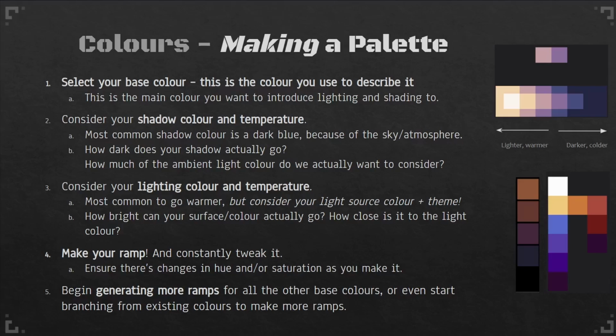Typically, people just use sunlight as the lighting color, but you can obviously have unique light sources, like maybe sterile white or a green light source or some other light color. Try to tend your palette towards that from the base color. And obviously you just have a ramp. So now you have a ramp going from, I guess for me, a very pink to a purple to a darkish purple. And then constantly tweak it as you're progressing with your art form, right?